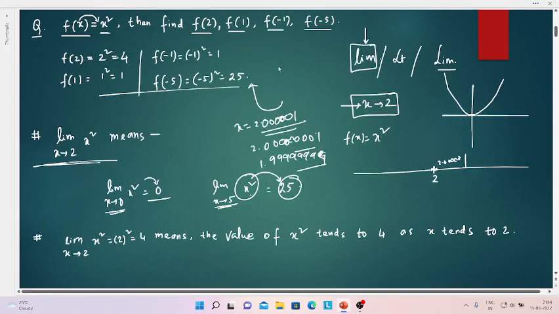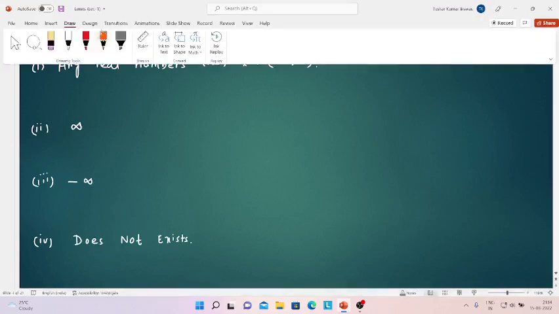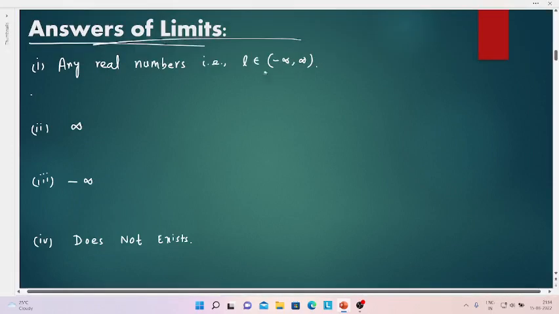Like here in the previous slide, you can see that we can get any real number like 25, like 0, like 4 or something, right? So the answer of a limit may be a real number.